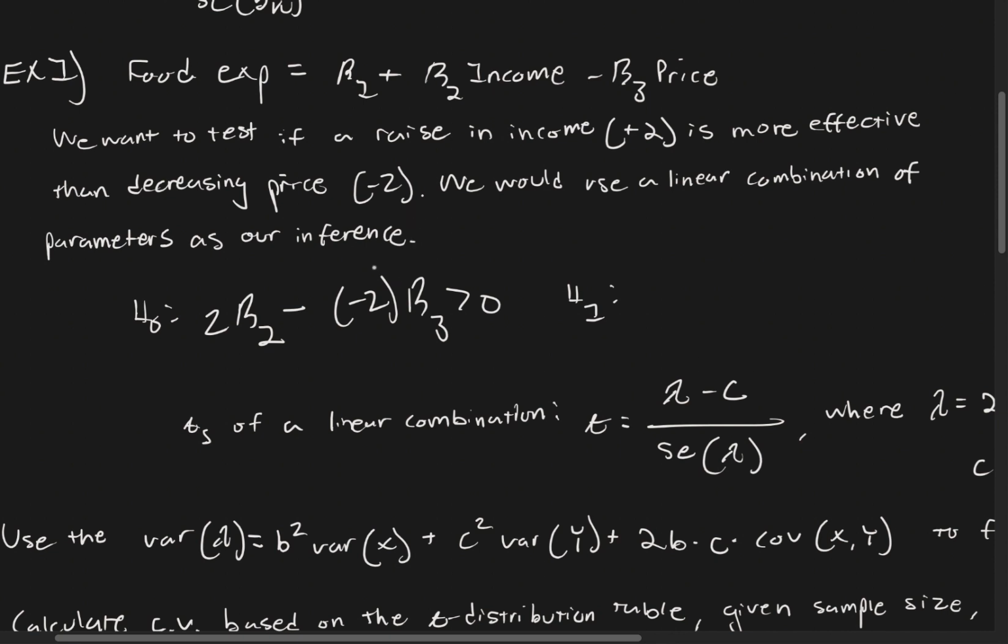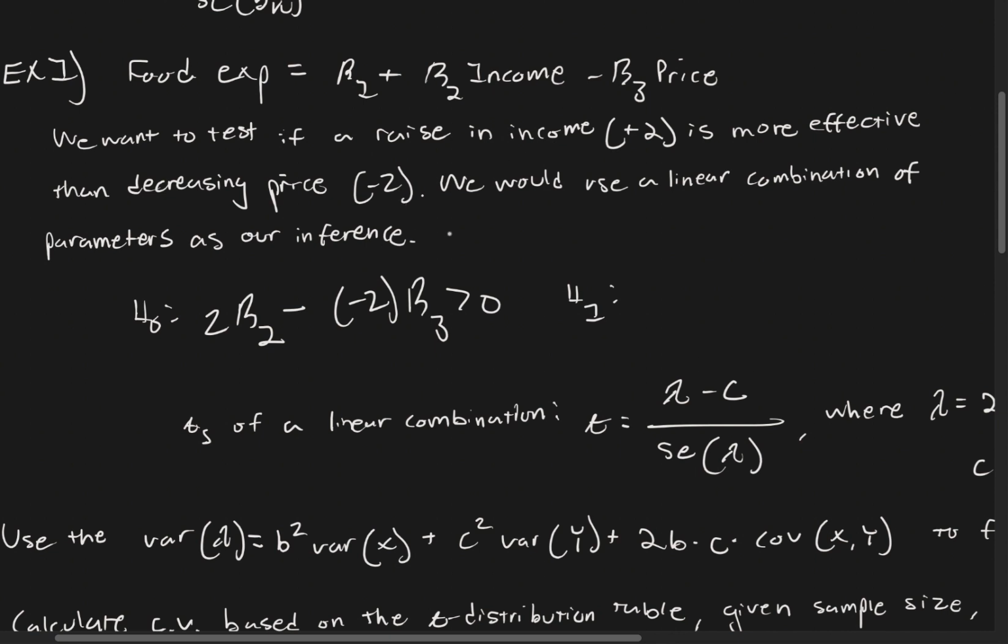And so we're subtracting that off and seeing if it's greater than 0. And if it is, then that means the raise in income is more effective than decreasing the price.